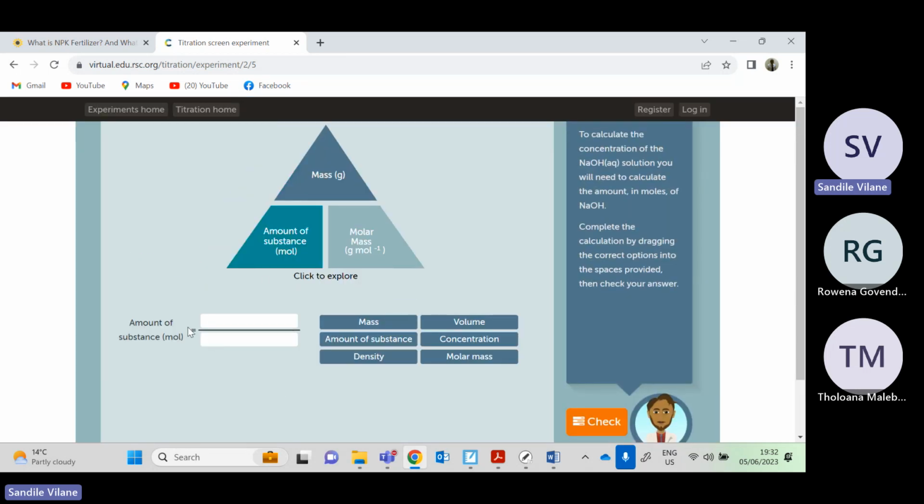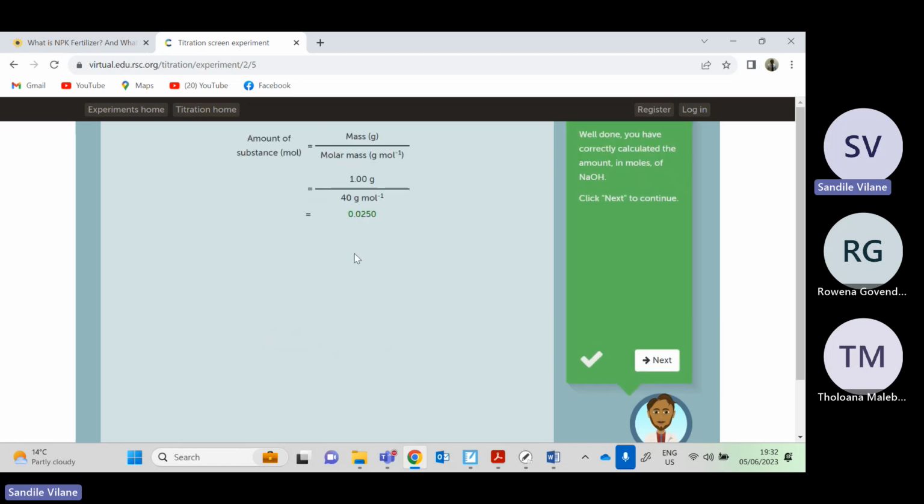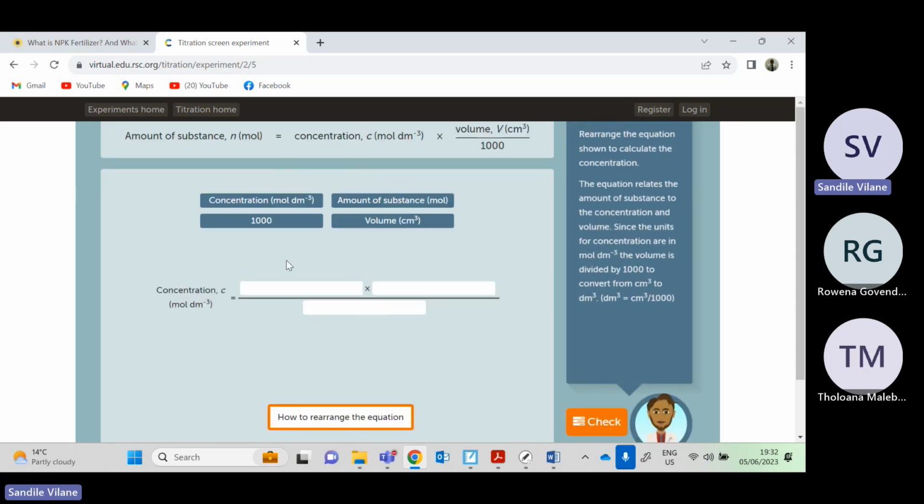Now they want you to calculate the amount of substance in moles. So remember the formula, it is mass divided by the molar mass. And then let's check, that's correct. So we've got the initial number of moles of our sodium hydroxide as 0.0250. As we proceed, now they want you to calculate the concentration.